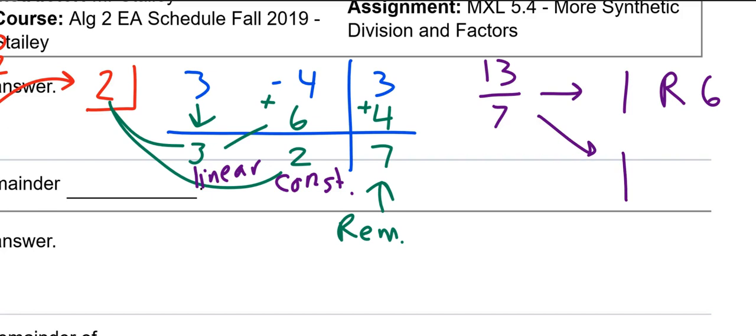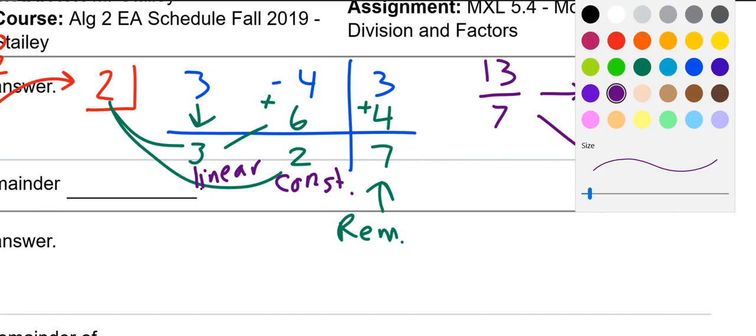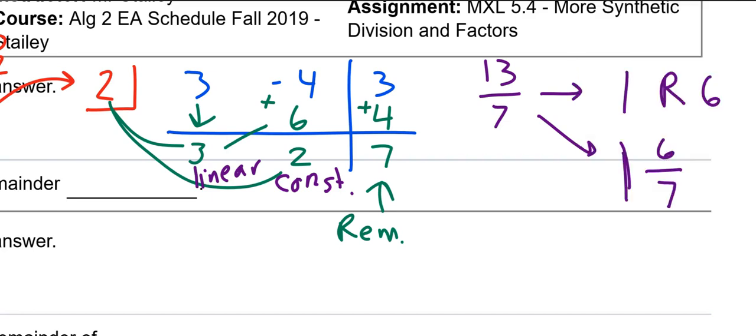They said 1 with 6 left over, by writing 1 and 6/7. The one thing they didn't show you is that there is a plus sign in between those. We never write that. We say 1 and 6/7, but that's really a plus sign because you're adding those two things together.